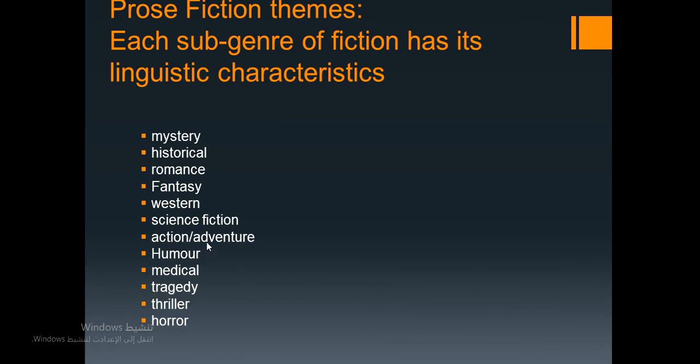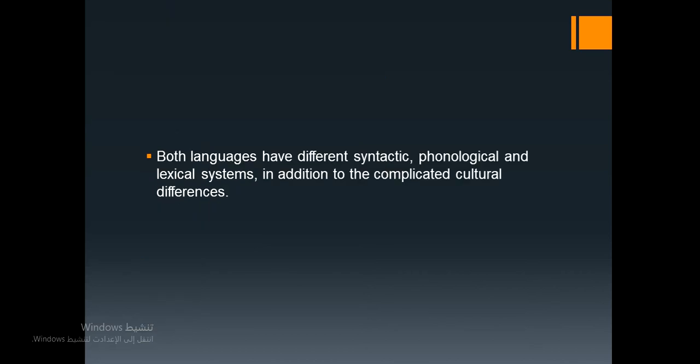Action or adventure, humor, medical, tragedy, thriller, and horror. All translators have to be aware that both languages have different syntactic, phonological, and lexical systems, in addition to the complicated cultural differences. You as translators have to be aware of these differences to bridge the gap between the two languages.